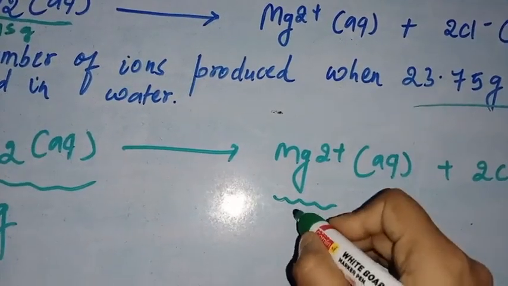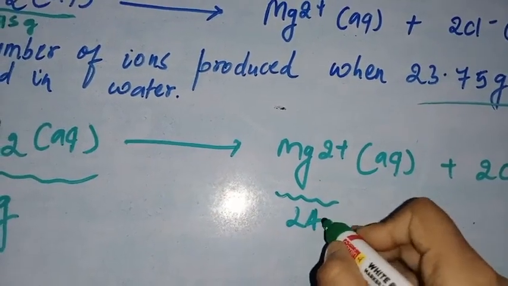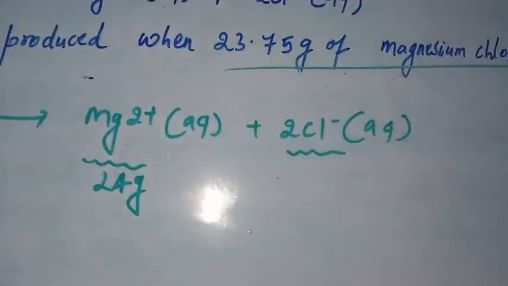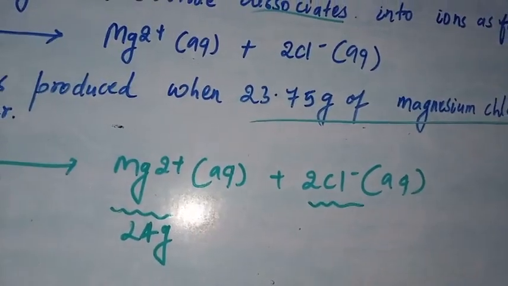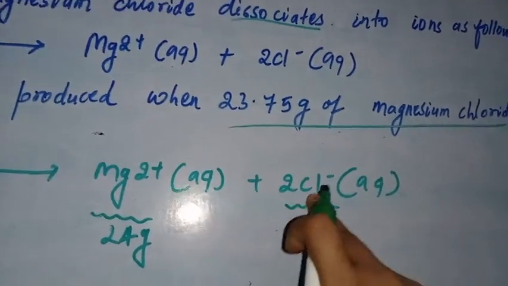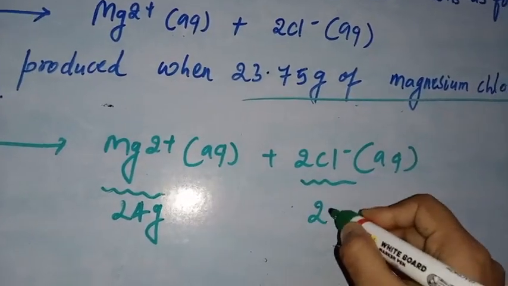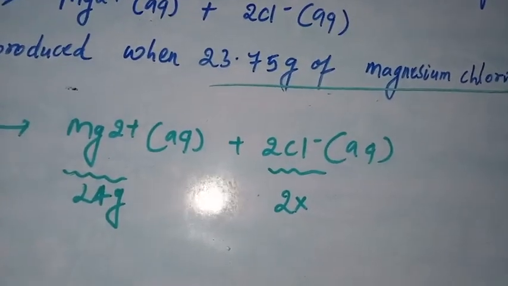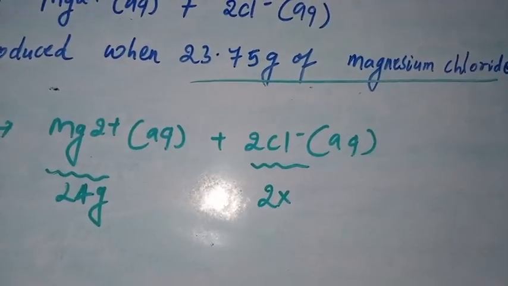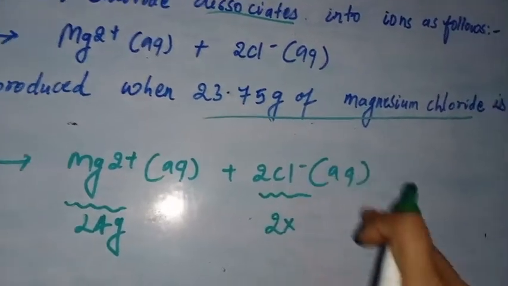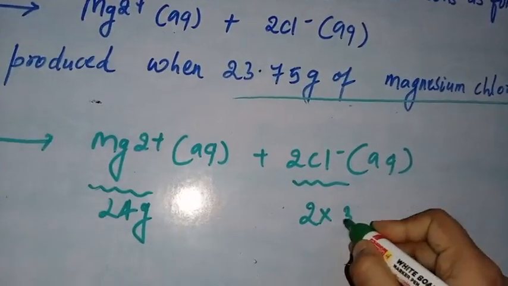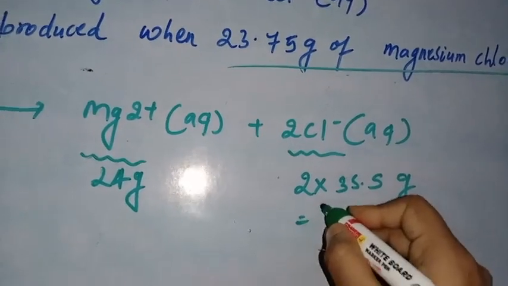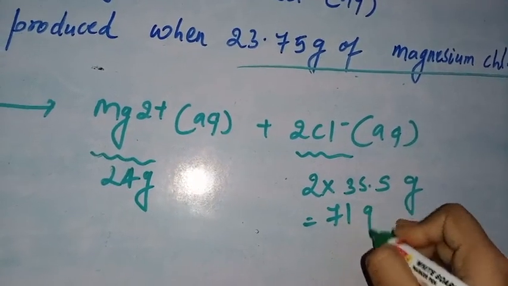So the mass of magnesium ion is also 24 grams. And here there are two Cl-, which means two chloride ions are produced. So 2 into the molar mass of chlorine atom will be equivalent to 2 into the molar mass of chloride ions. So it is 35.5 gram, which gives us here 71 gram.